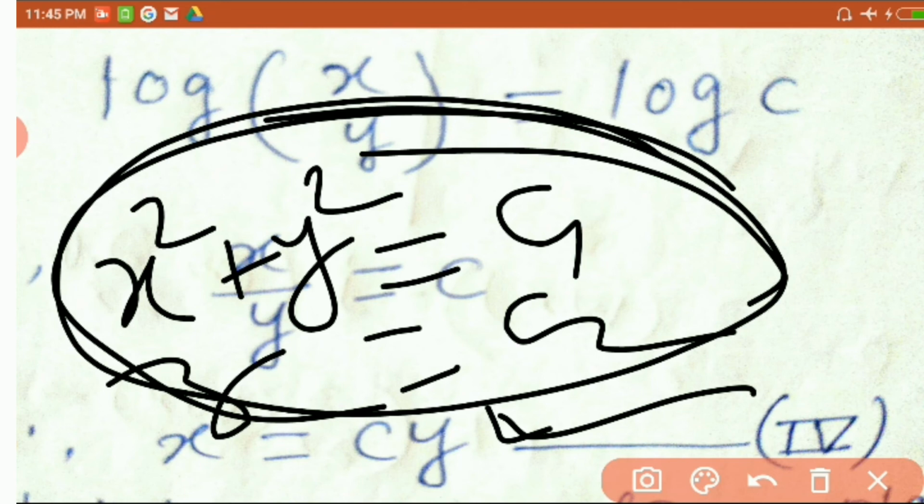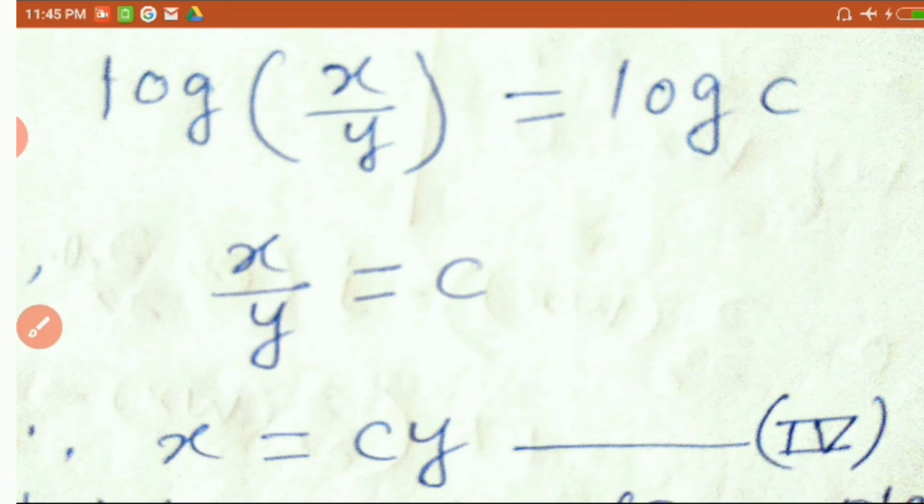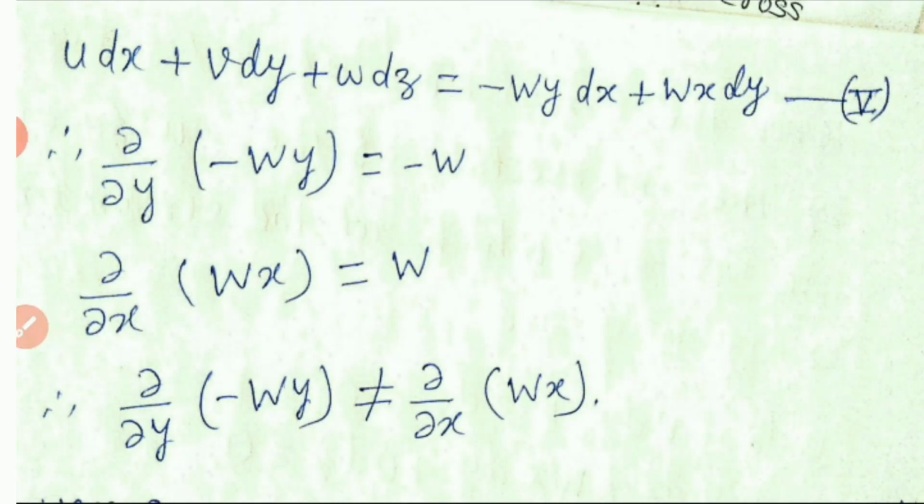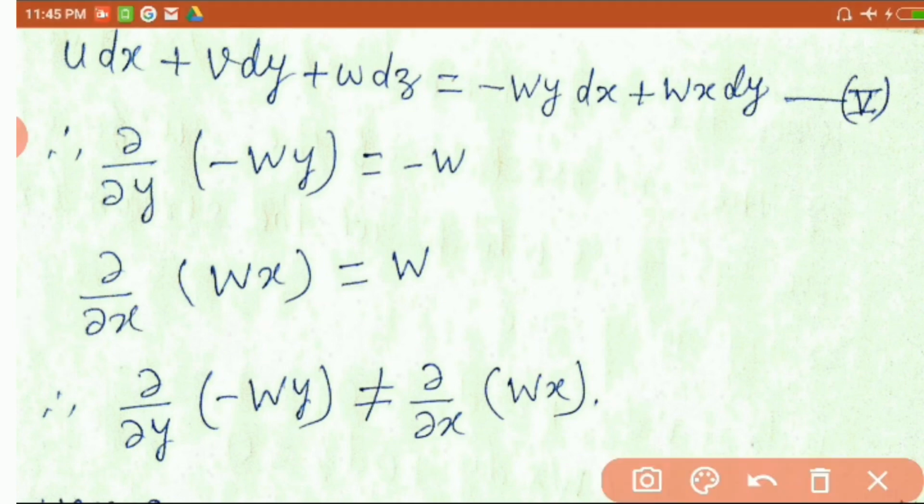Now we have u dx plus v dy plus w dz. We put these values; w is 0, so w dz is 0.